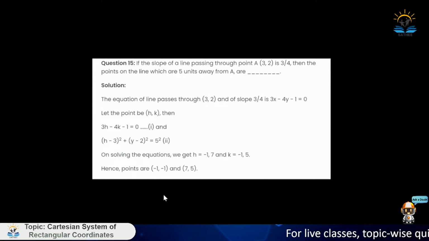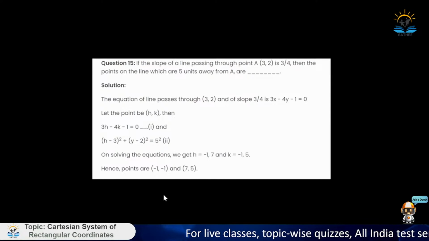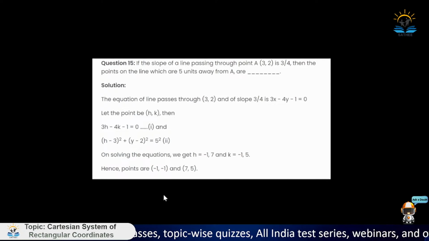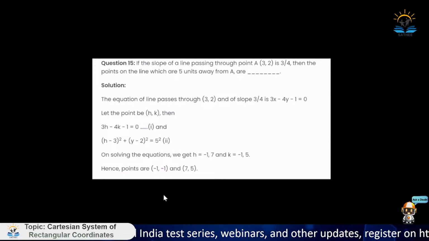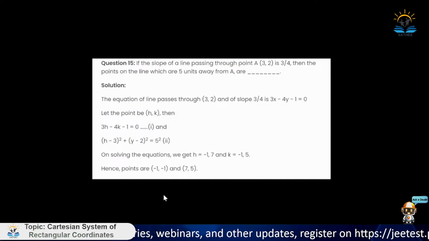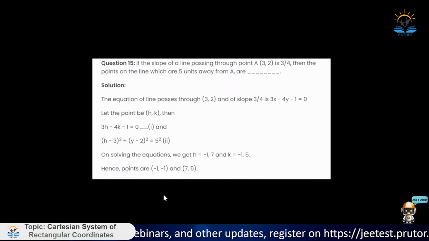So you can just use the formula with r as plus or minus 5, or else you can take the point as h comma k, and as it is lying on that line 3x minus 4y minus 1 equal to 0, you can find a relation between h comma k. And also it has been given that it is 5 units from the point. So we can use the distance formula, (h minus 3) whole square plus (k minus 2) whole square equal to 5 square. From that you can solve those equations and you'll get the points.